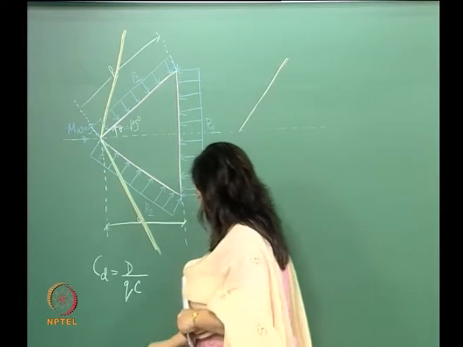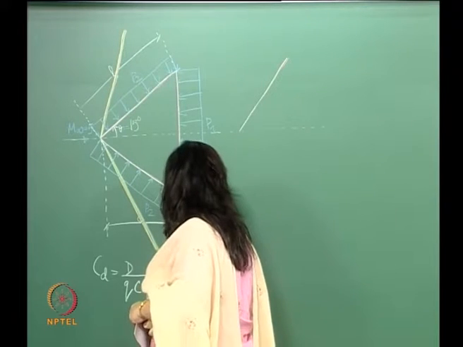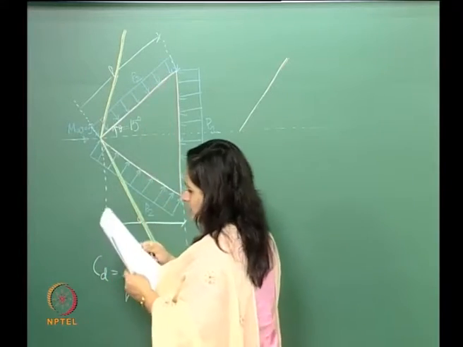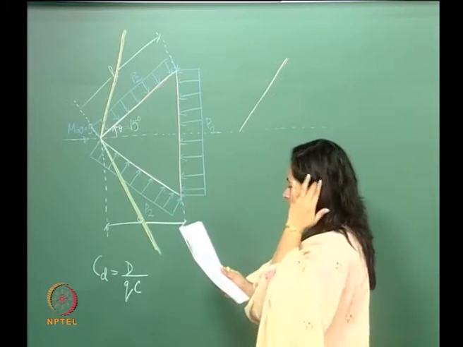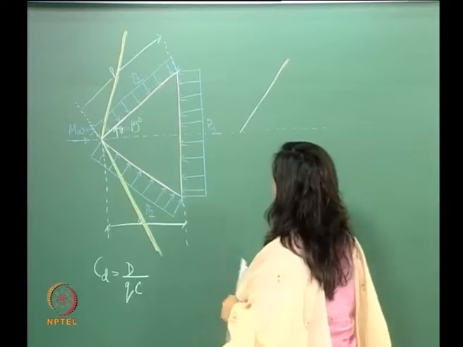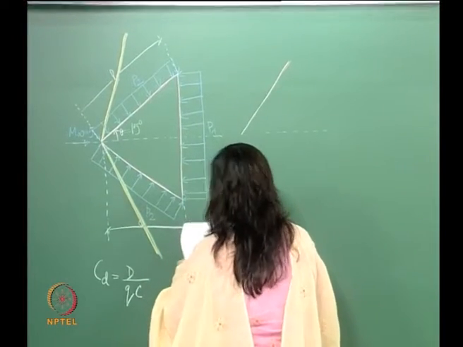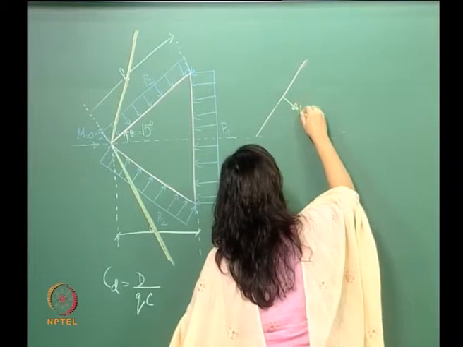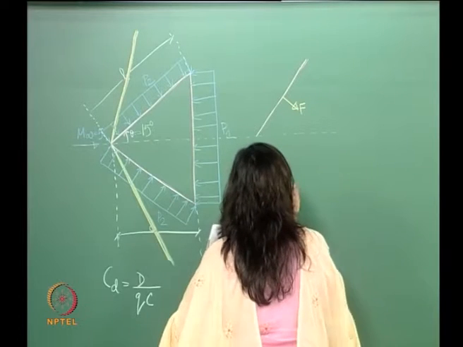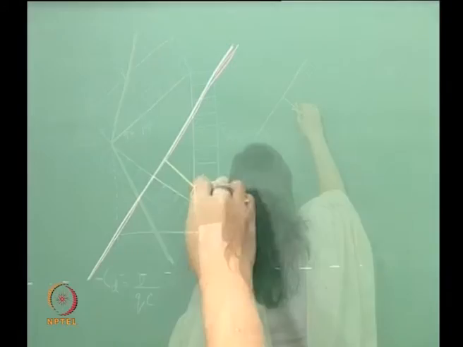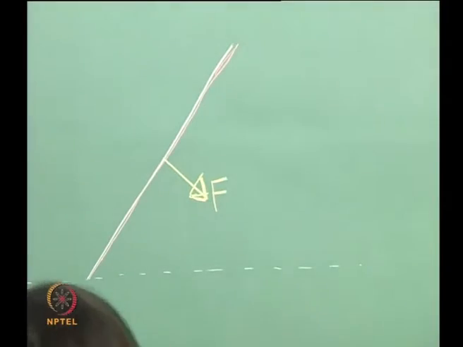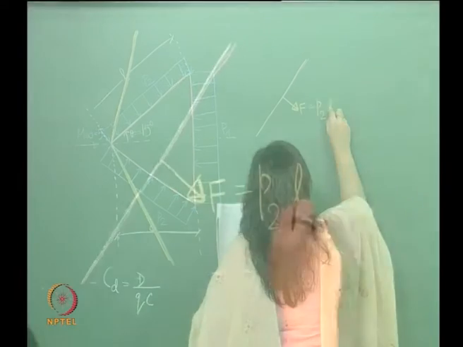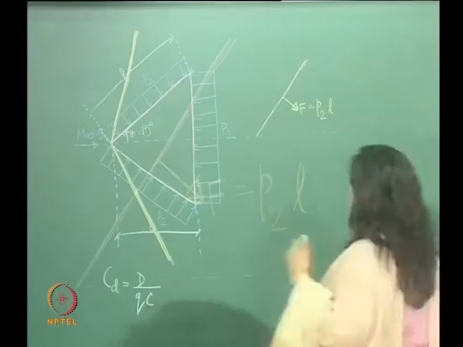This is the side on which we have a pressure distribution of P2. The length is L. Let me call this force F. I can write this force as P2 into L. Isn't that right?